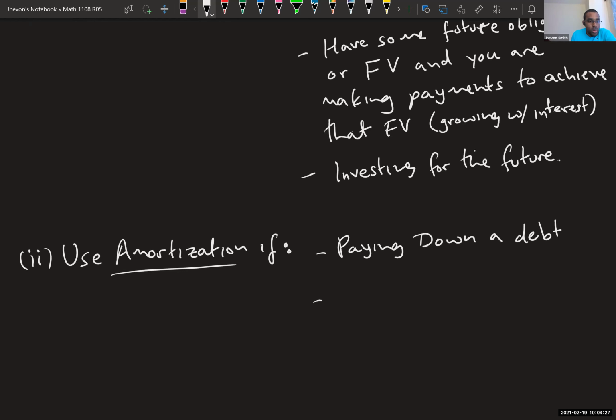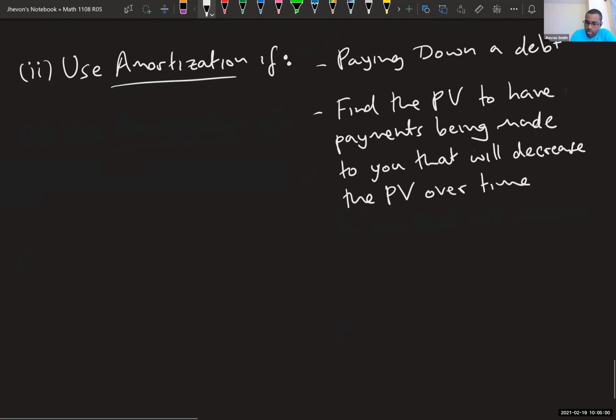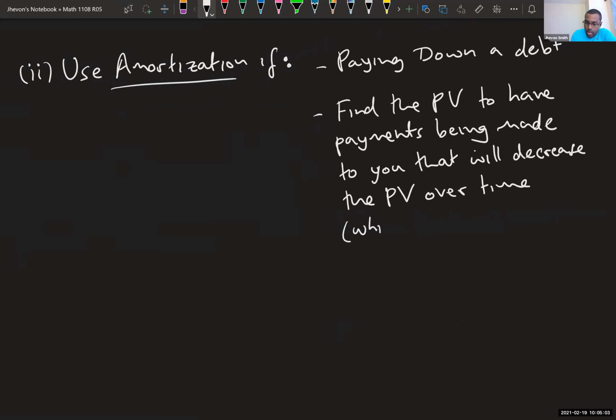You want to find the PV to have payments being made to you that will decrease the PV over time, while it's growing with interest.